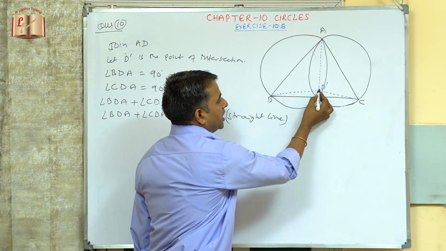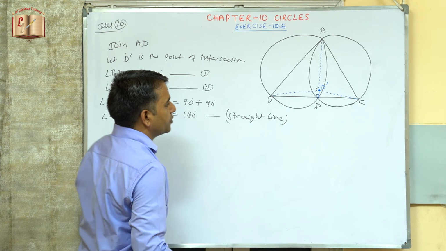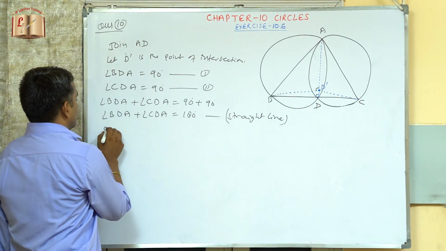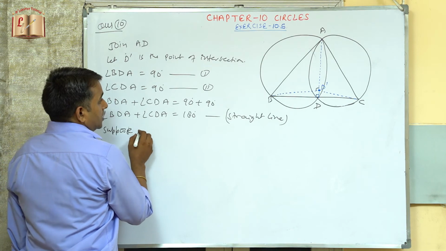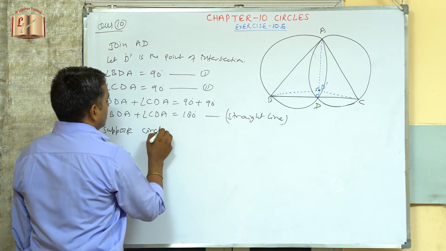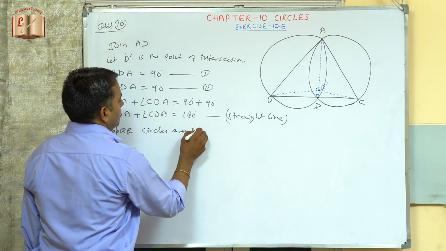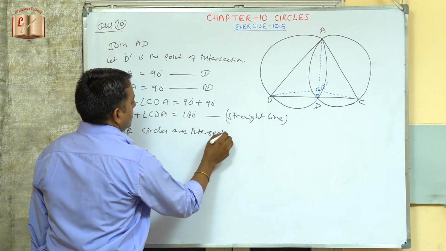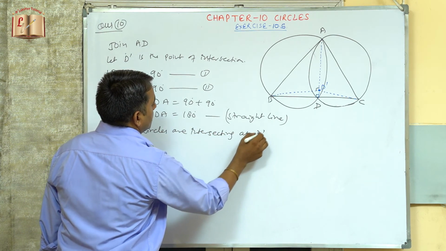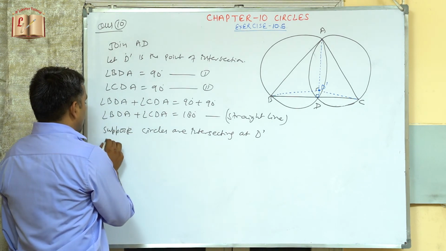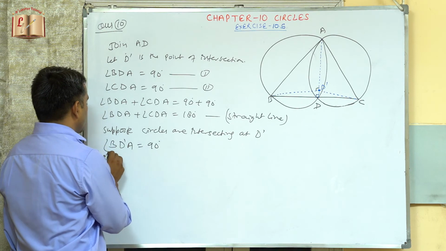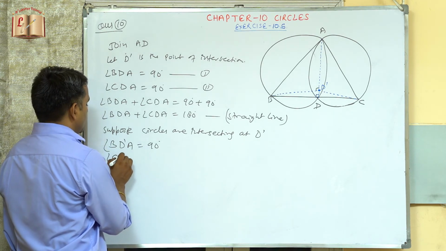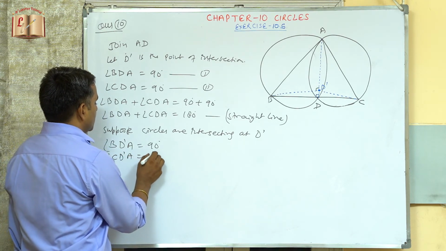Now suppose the circles are intersecting at D dash. So angle BD dash A will be equal to 90 degrees and similarly angle CD dash A will be equal to 90 degrees.